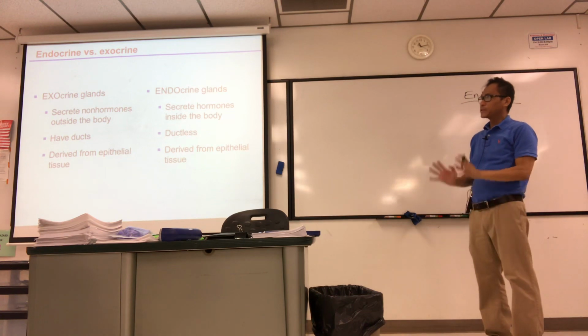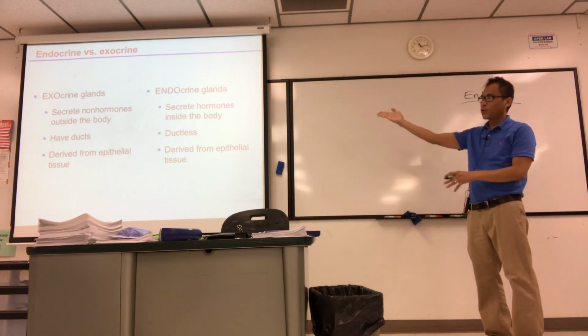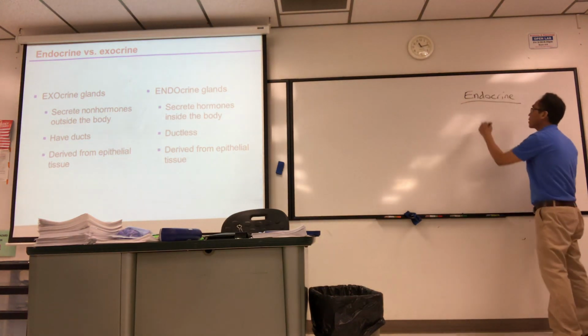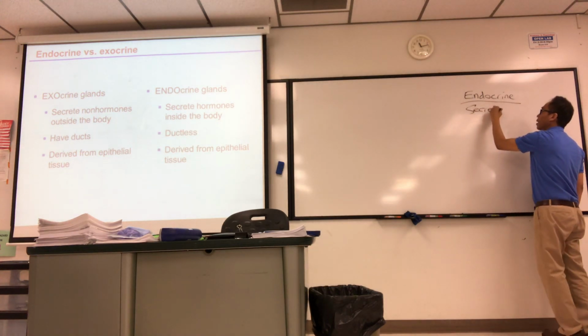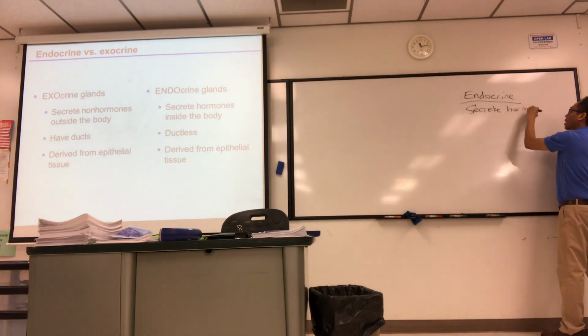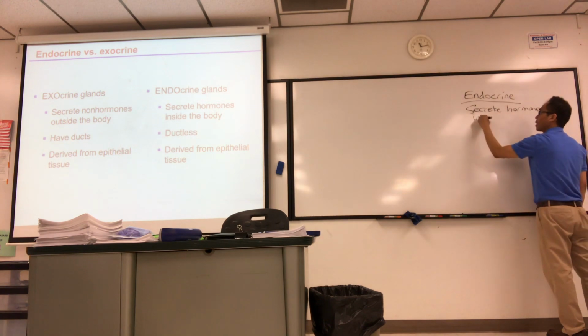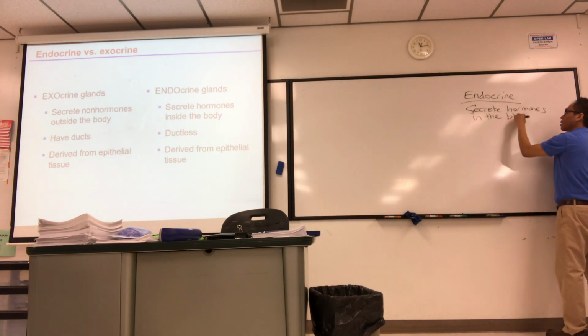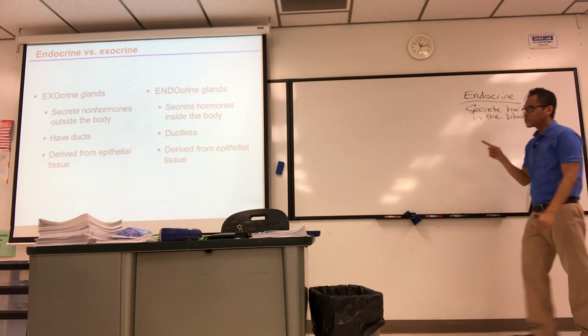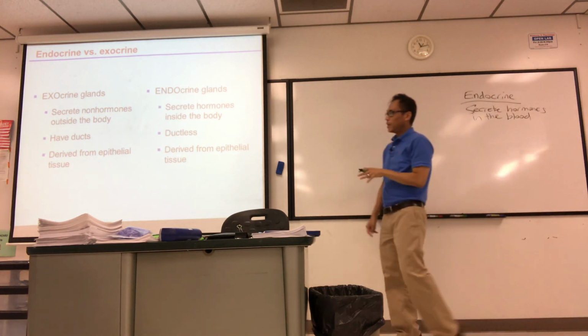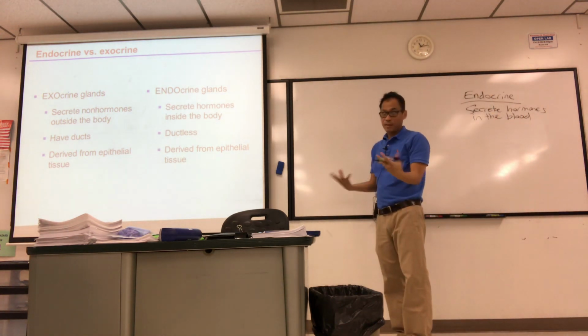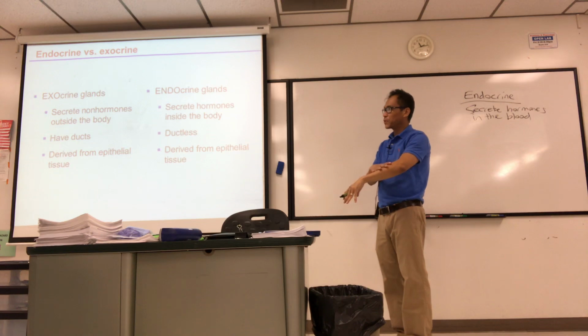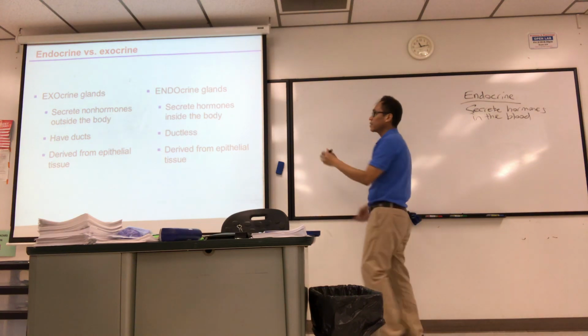Okay, the endocrine glands, again, what I had said was they secrete hormones in the bloodstream. Now, an exocrine gland, it'll secrete it somewhere else, not in the blood. Usually on the skin surface or in the GI tract or something like that.